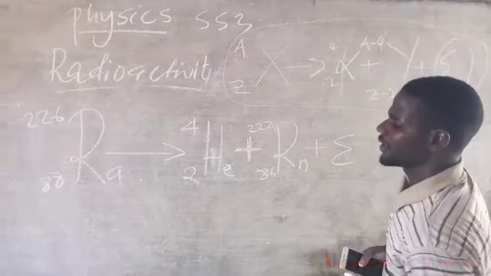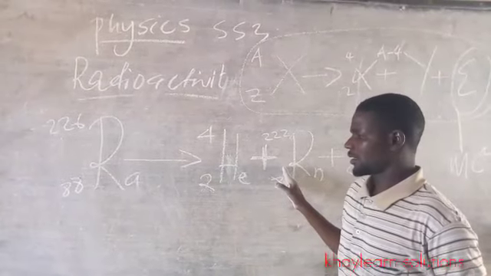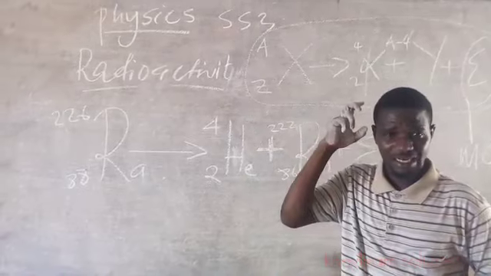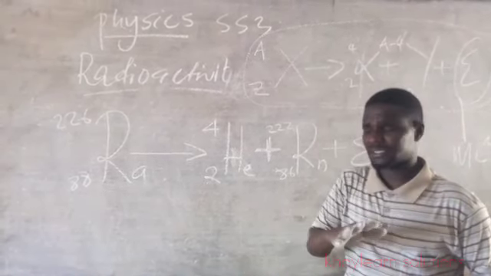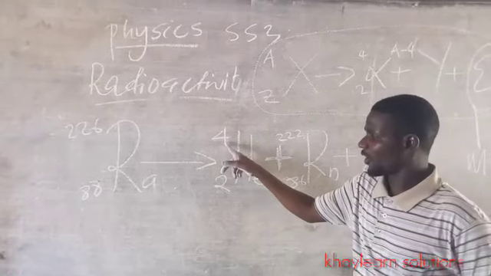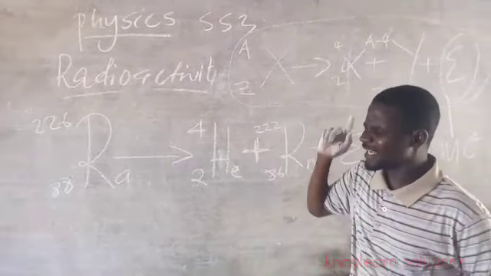So you may wonder where we get this element and this element. If you are given this, to find this, you are to think which among the radioactive substances can be gotten when you subtract 4 from its mass number. Then think of the element that has such a mass number.